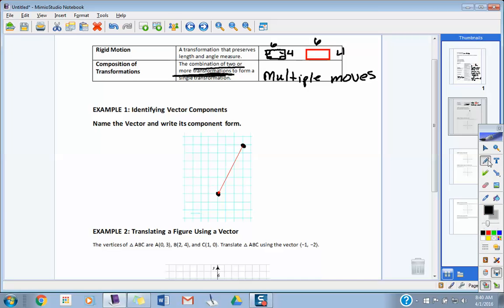Let's call this point up here P, and this point Q. Okay, so guys, do we have that drawn first? So from that top right point, P, you're moving down 6 and left 3.